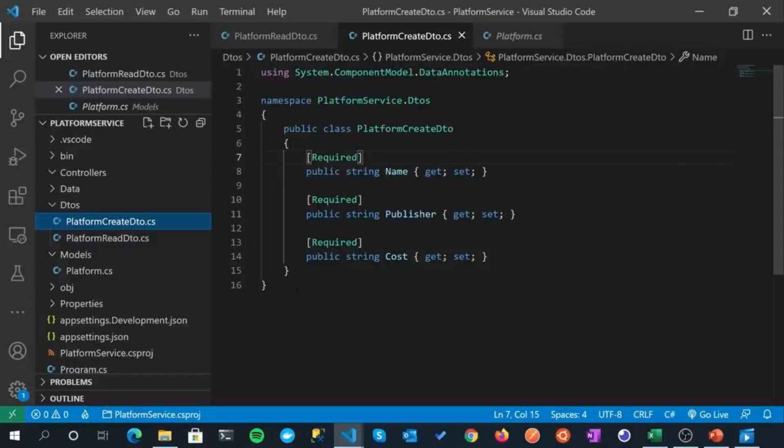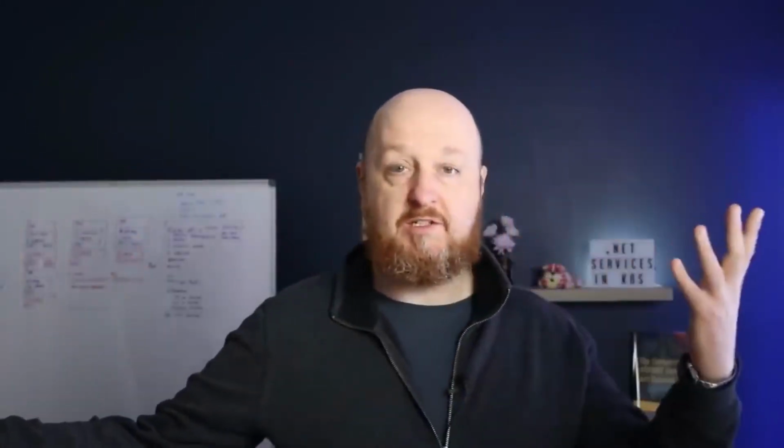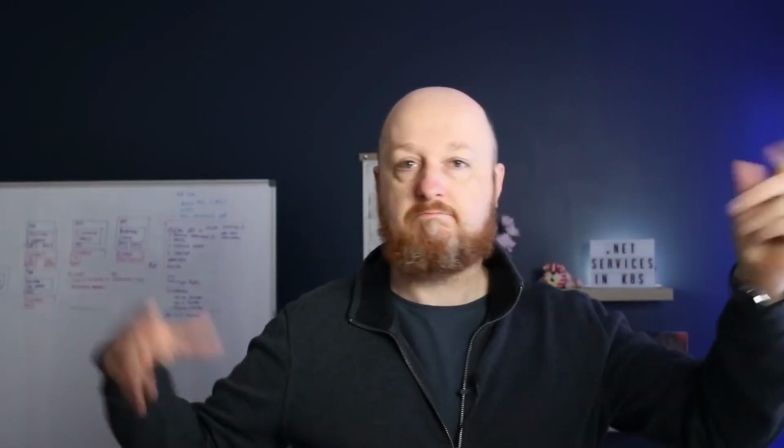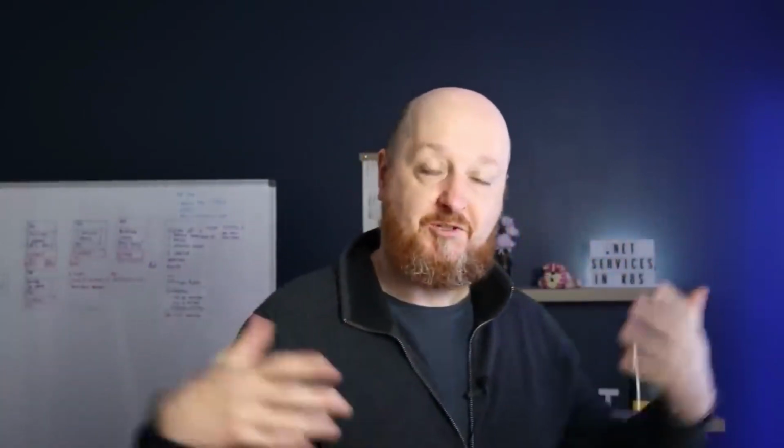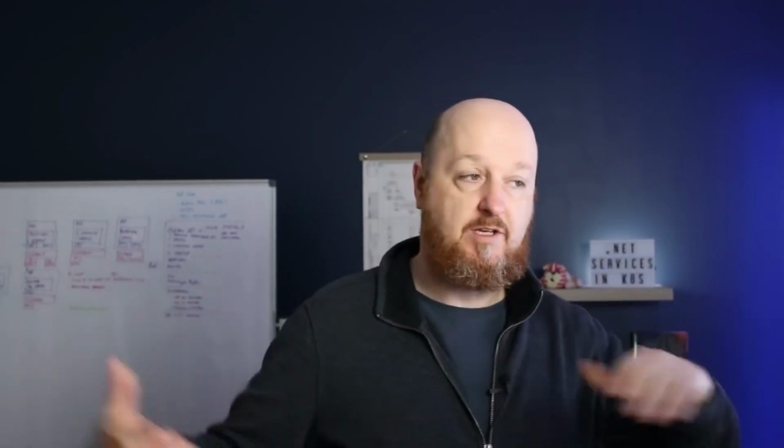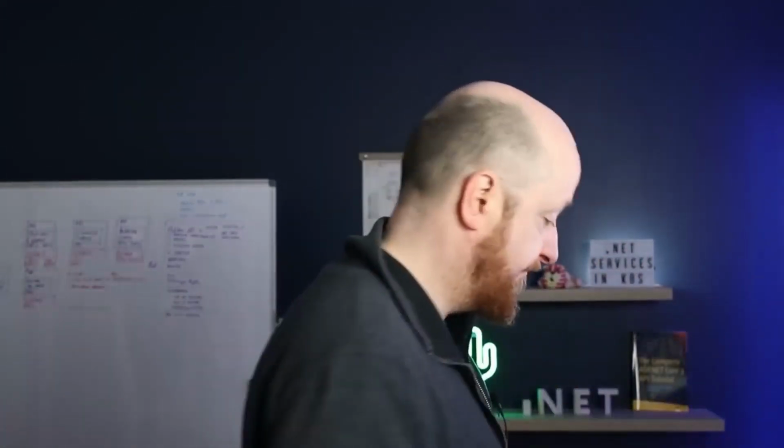So that's our two DTOs done for this point in time. Now, at this stage, we've got our platform model and our two DTOs, but they're just separate classes. They don't know about each other. There's no way we can map to them at this point, but that's what we're going to do next. We're going to use a tool called AutoMapper to allow us to map from one to the other. So we'll do that next.